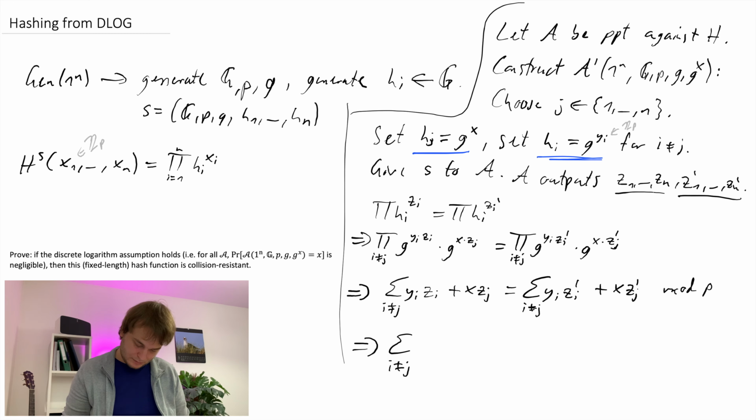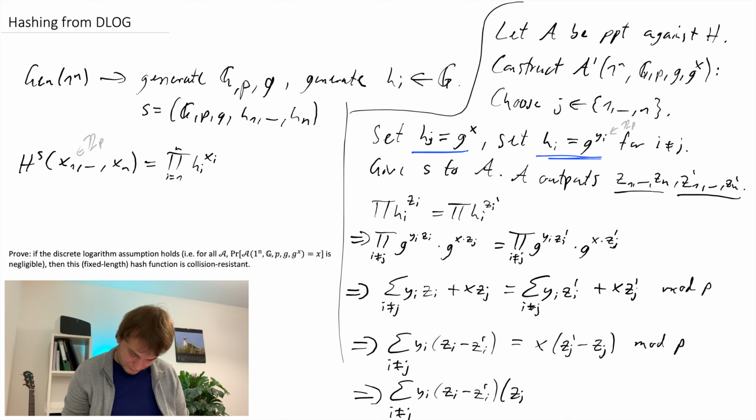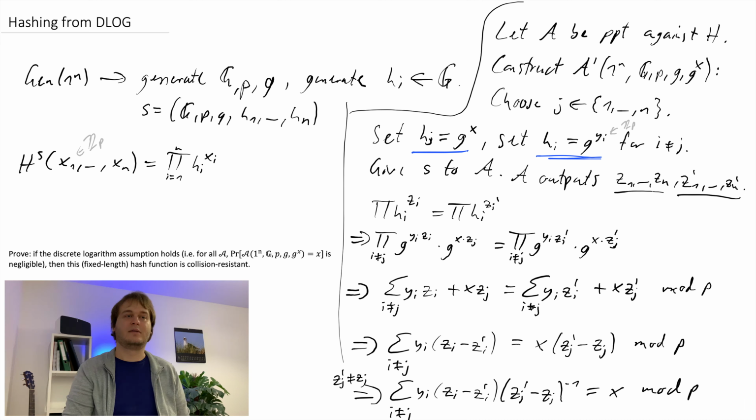So we get this by subtracting this and then subtracting this. And now we're just hoping that z_j' minus z_j is not equal to 0. Because if it's equal to 0, then well, any information about x is just lost in all of this, and we can't do anything. However, if it's not equal to 0, then we get this equation and we can essentially compute x.